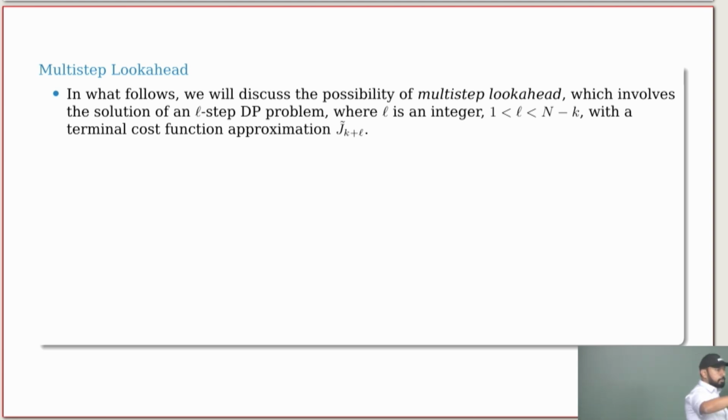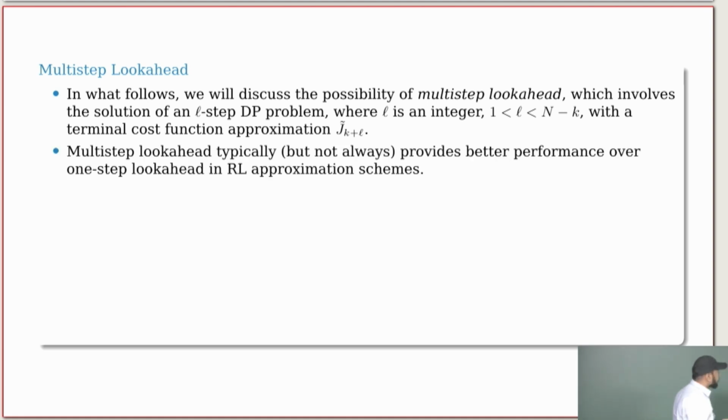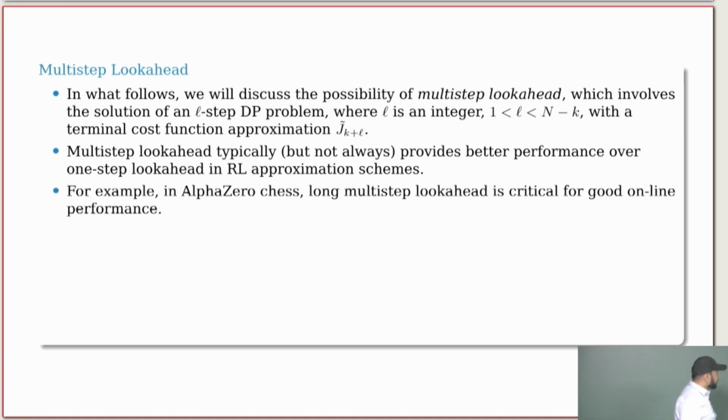I will leave it at some approximate J tilde, because again you cannot go all the way to the end, then it becomes exact DP. So there needs to be a trade-off. Multi-step look ahead typically provides better performance over one step, and it seems to be the case, because optimizing over L steps obviously seems better than just doing one step.